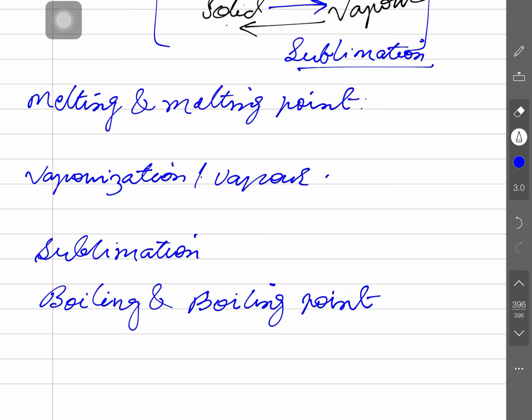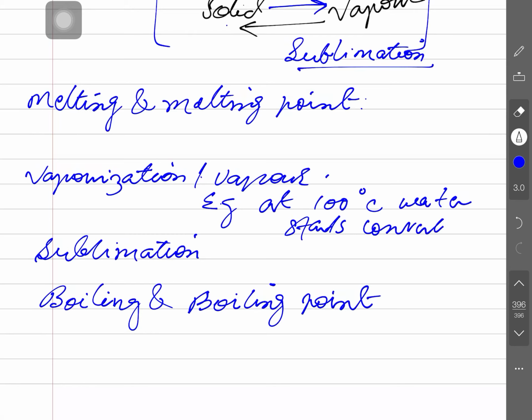For example, at 100 degrees Celsius, water starts converting into vapor. Is that clear? This is called vaporization, and sublimation will be discussed in detail. Understood the melting point, and boiling and boiling point also.